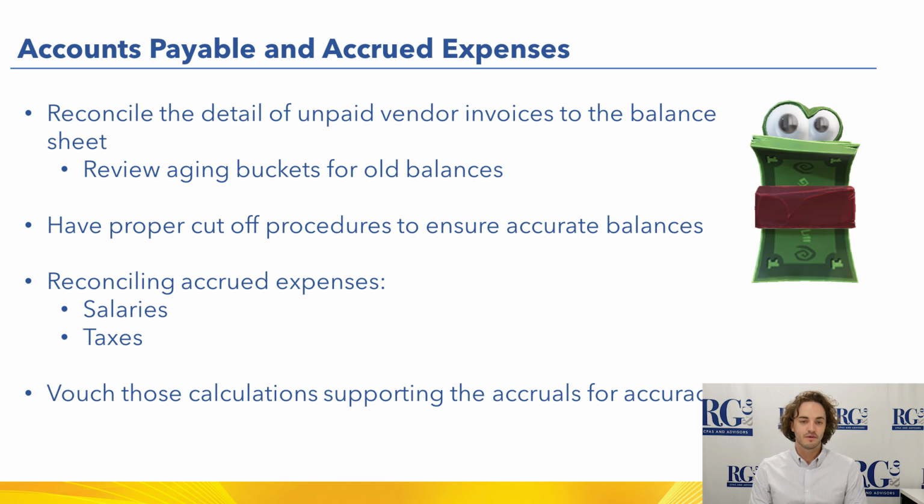To help with this, you want to put in place proper cutoff procedures to make sure expenses are recorded in the period when they're incurred. It's a good idea to wait a little while to make sure you receive all your invoices for that month. And you also want to review any significant cash payments in the subsequent month to make sure that they were classified correctly.